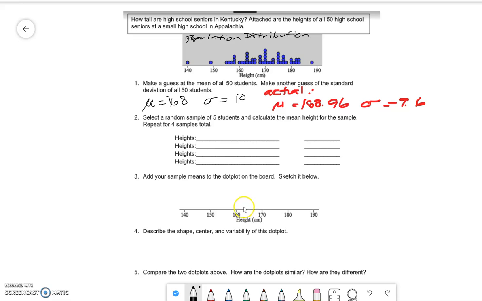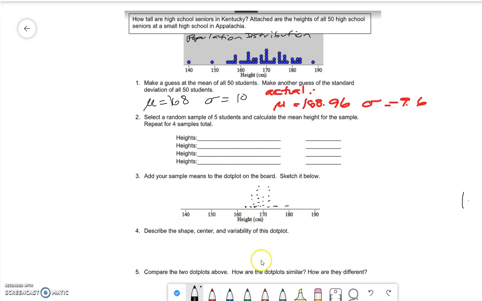Go. Okay, good job. Now I'm going to sketch out what the sampling distribution of the means might have looked like. Okay, there. I did my best to sketch out what our dot plot might have looked like.